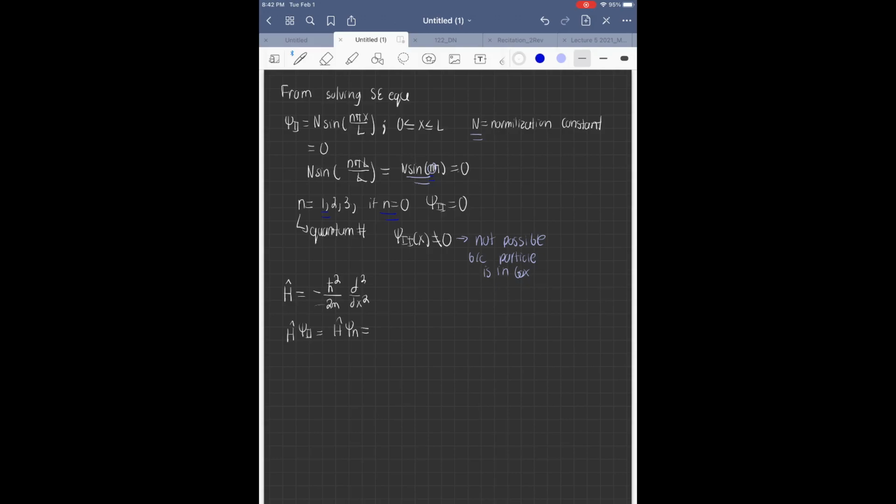And then you're going to find, okay, let's just put h bar squared over 2m, double derivative, of n sine of n pi x over L. Let me go to my notes here. I'm going to put everything here into a variable called w, and I'm just going to take the derivative of this, so it's just w of x.